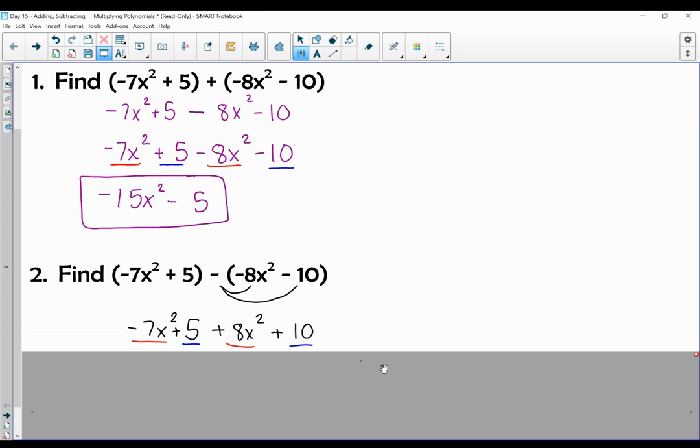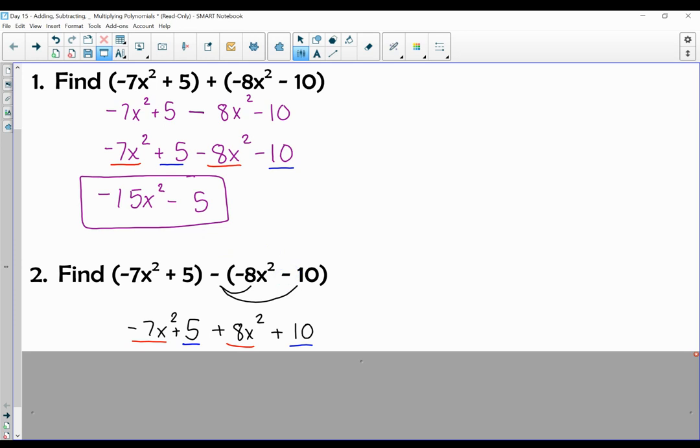As long as we just distribute our negative, whatever sign is there, it changes. So this became a positive, this became a positive.